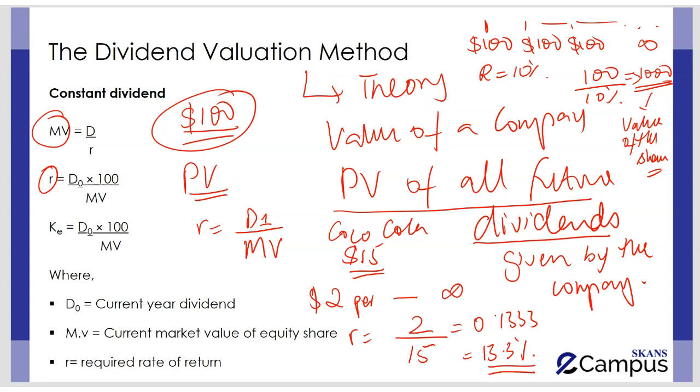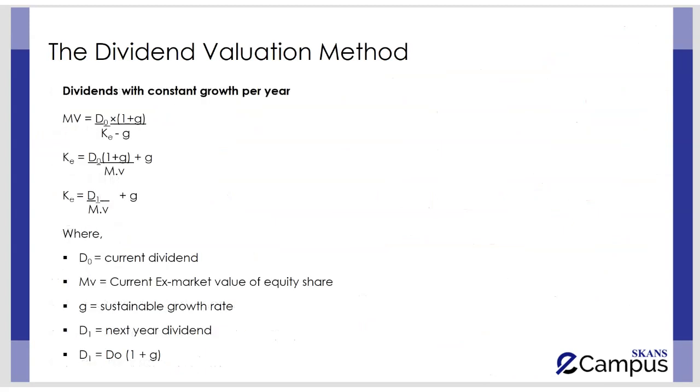Now this is one method to do the calculations. The other method is, what if the dividends are growing each year? So I know that the stock of Coca-Cola is currently traded at $50, and I know the initial dividend paid, which is D0, was $2, and I know that the dividend is expected to grow each year by 1%.